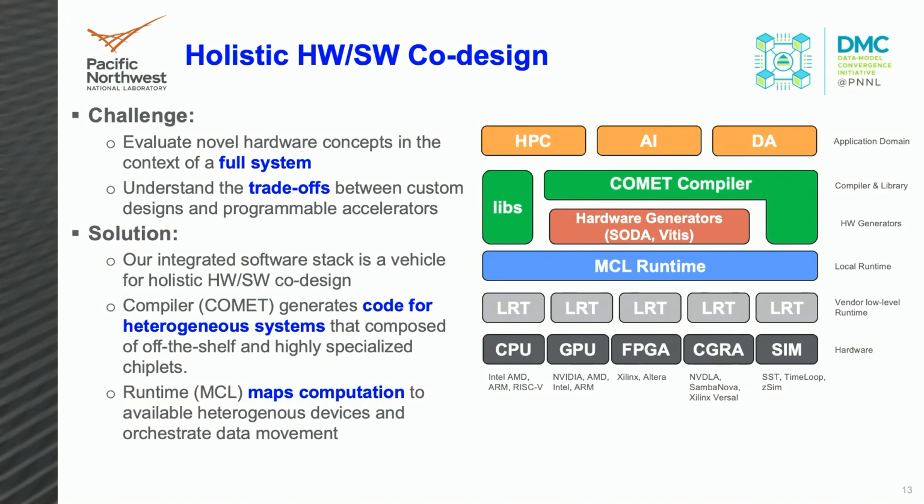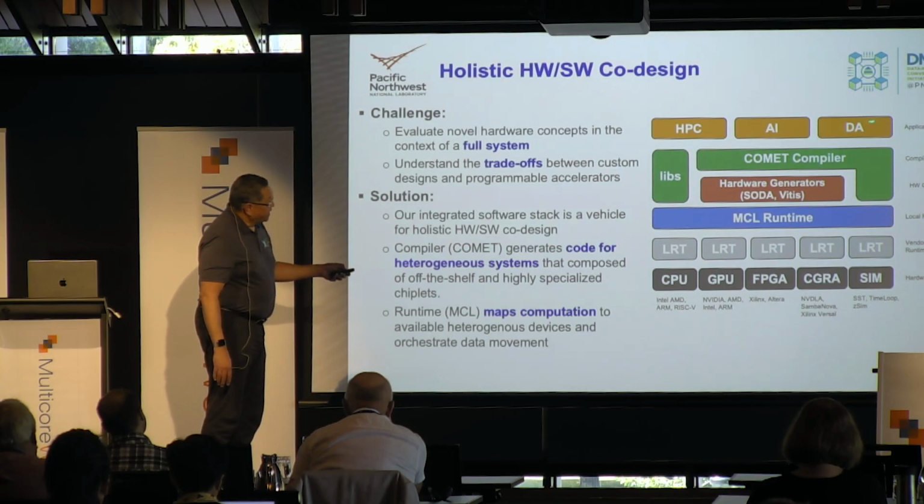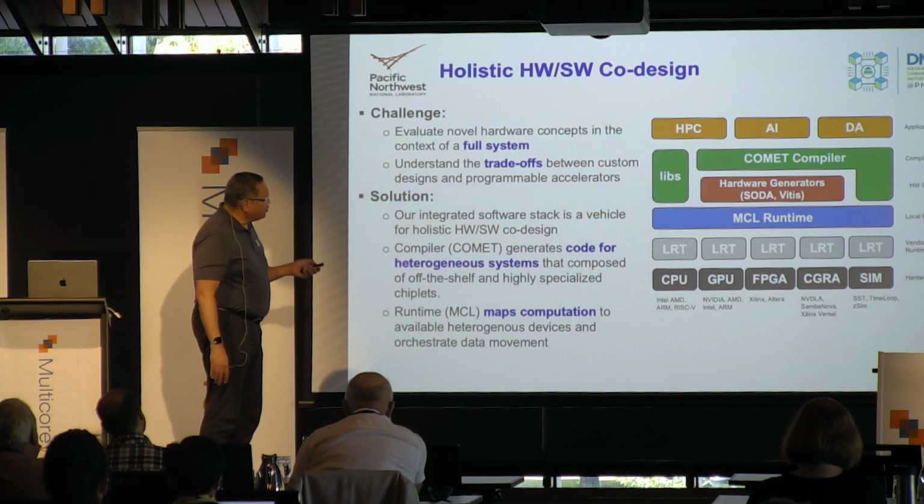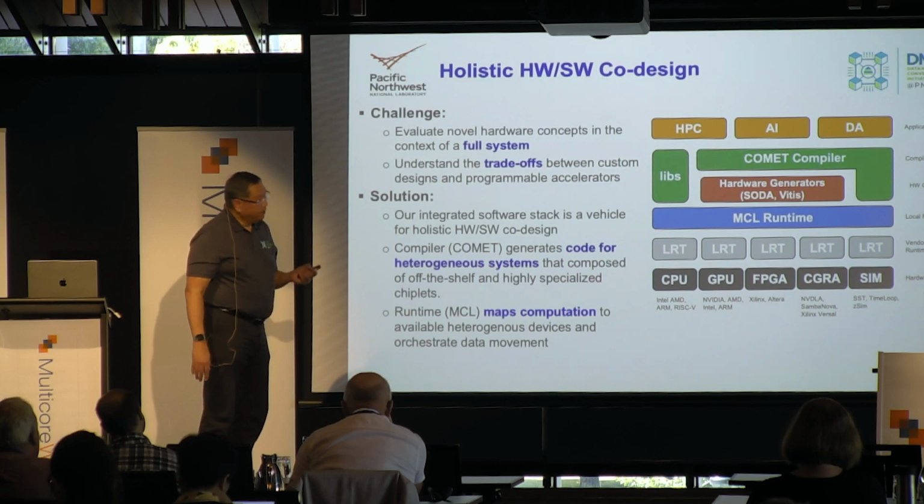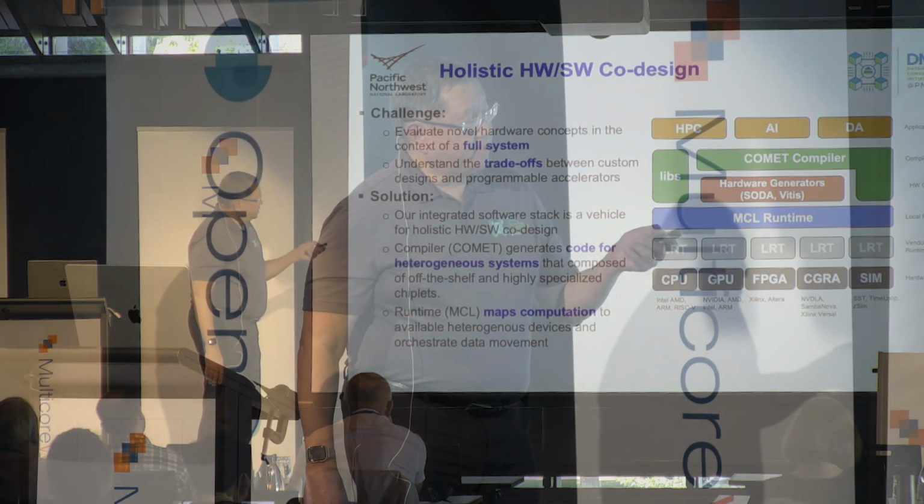So this is kind of a picture of our view of the technology stack for heterogeneous computing. At the top, we have these converged applications for scientific modeling and simulation, AI, and data analytics. Then we go into two MLIR-based compiler frameworks. One is called Comet, and it's meant to map, again, the patterns and compute capabilities from these converged applications through MLIR lowering to different hardware processor design targets.